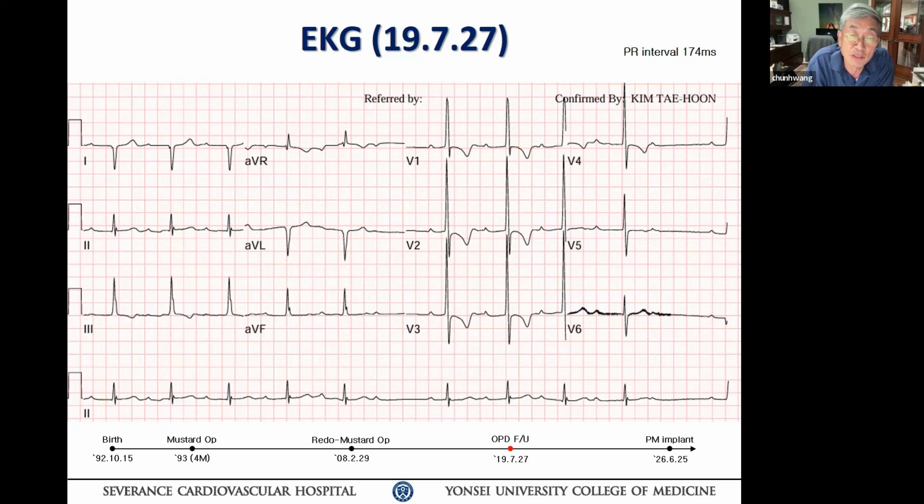There's a big difference between first beat of Wenckebach with long PR versus first beat of Wenckebach with normal PR. Second, the patient's QRS axis is a little abnormal. Third, the patient has underlying prior structural heart disease surgery. So every single one of these patients has a pacemaker. Don't leave home without it.